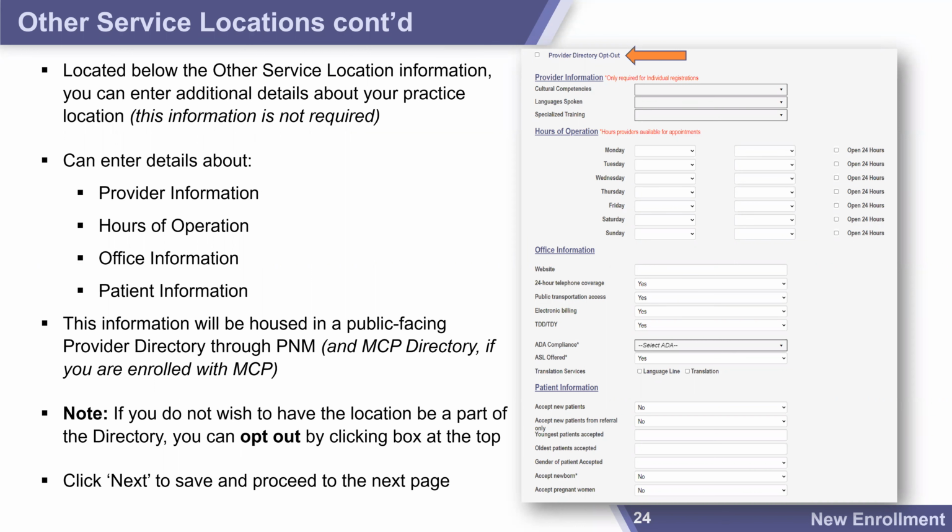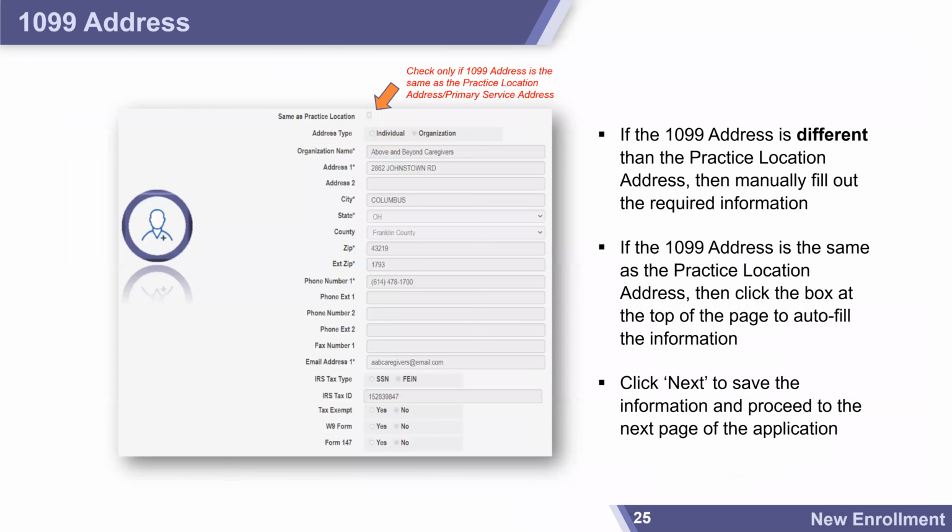Let's see, next, we've got the 1099 address. Same thing is going to apply here as the arrow shows. If the 1099 address is the same as the primary service location, then you would just simply click that box. It'll pull over all of the address information.